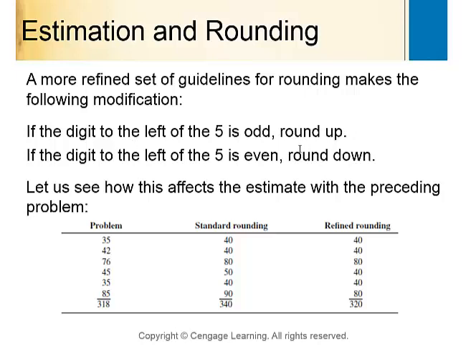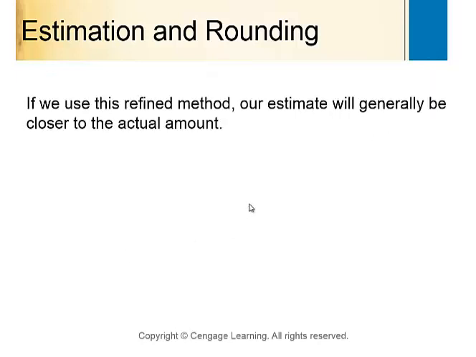And that's just to make it so that you round up and keep the same an equal number of times. And this method makes it closer to the actual amount, because statistically you're doing each the same amount of times.